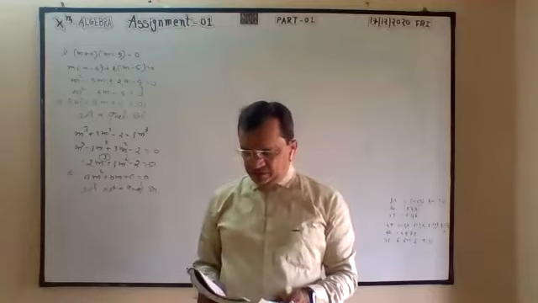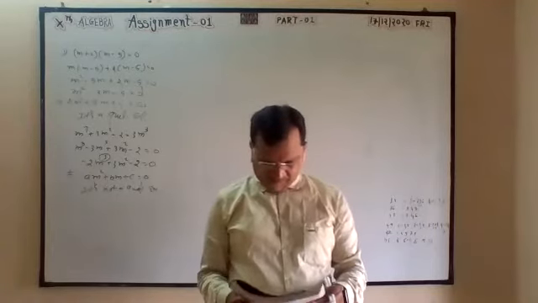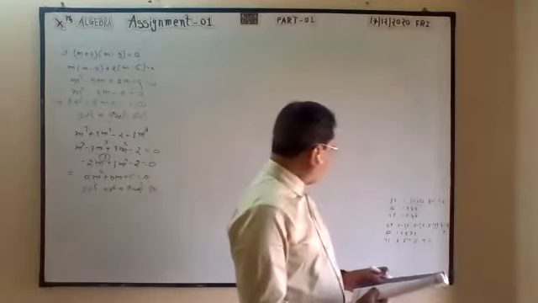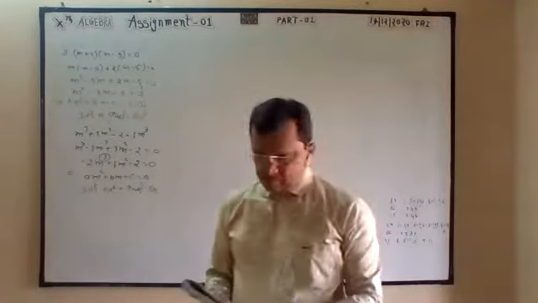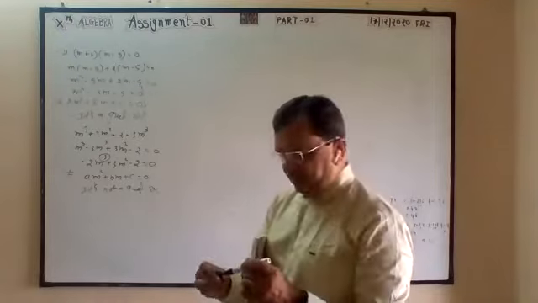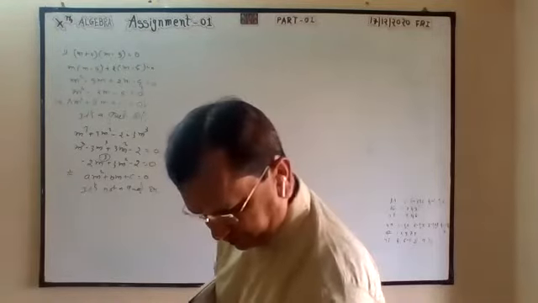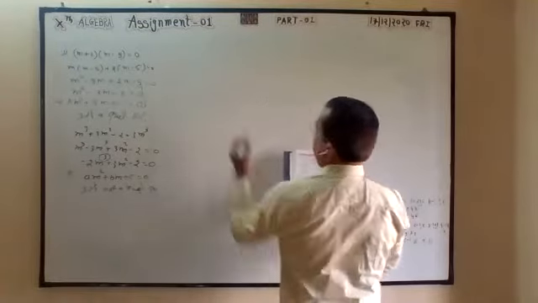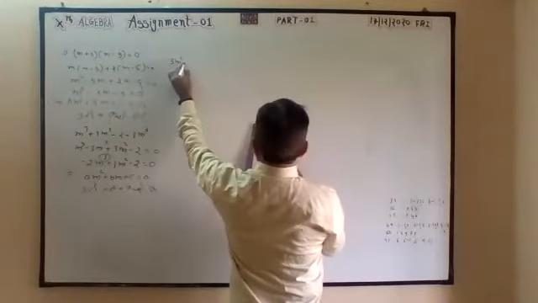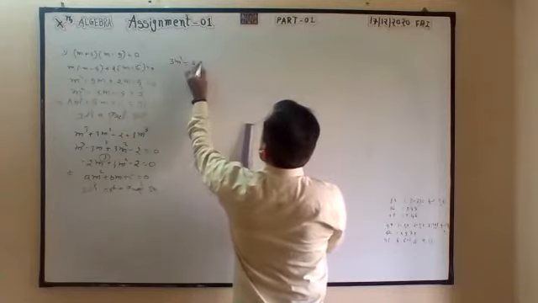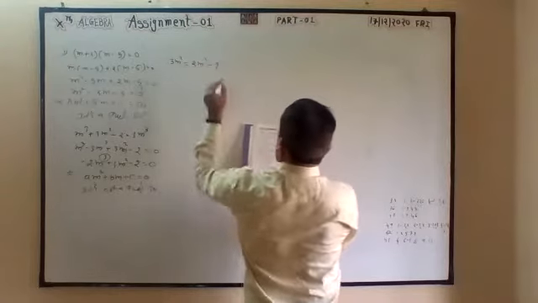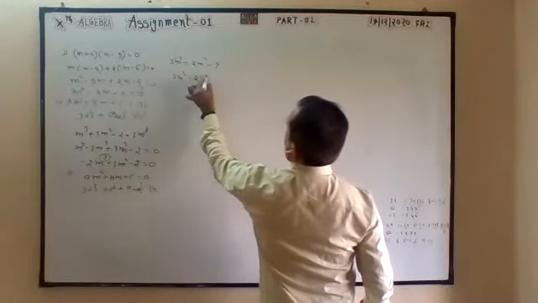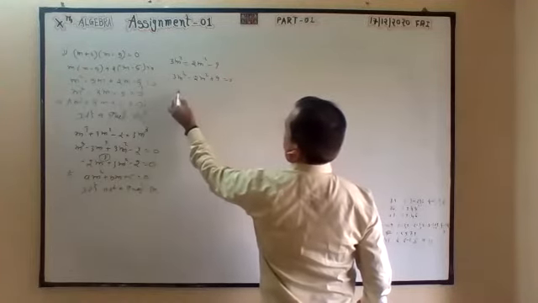Then we have to find out the values of a, b, c. That also we will see in two examples. For example, 3m square, 2m square. So 3m square minus 2m square plus 9 is equal to 0.